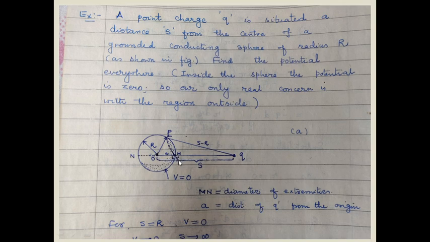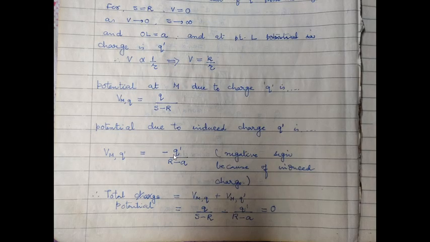So s minus R is the distance from q to point M. So that is kept over here. Similarly, the potential due to the image charge q dash, not induced charge, but image charge q dash, is the potential at M due to q dash. Again, that is equal to minus q dash, because it is the opposite charge, upon R minus a. What is R minus a?